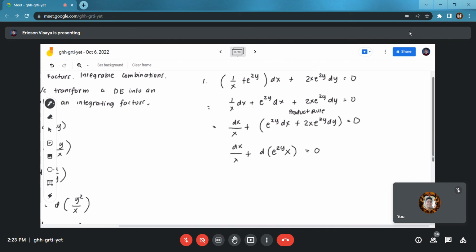After this, we can integrate right away. The integral of dx over x is ln x. The integral of the derivative of e raised to 2y x cancels out, so the answer is ln x plus e raised to 2y x is equal to 0.